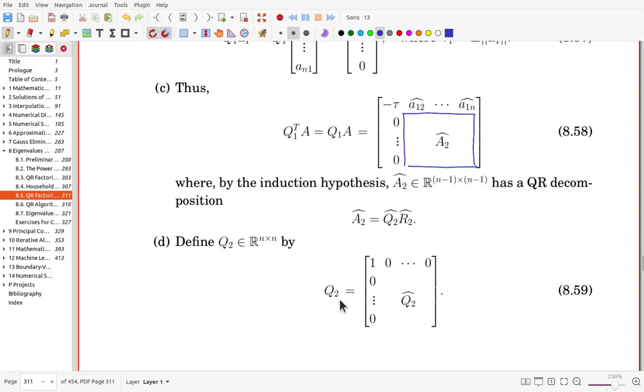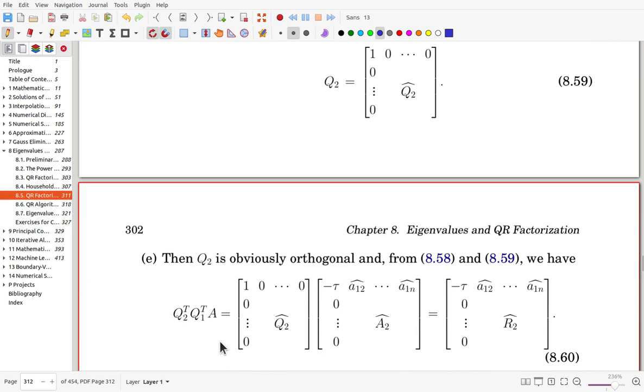Then Q2 will have n dimensions, so that along with that, we multiply Q1 transpose, Q2 transpose, A. That's the result of Q1 transpose multiplication, and Q2 hat transpose is multiplied here.